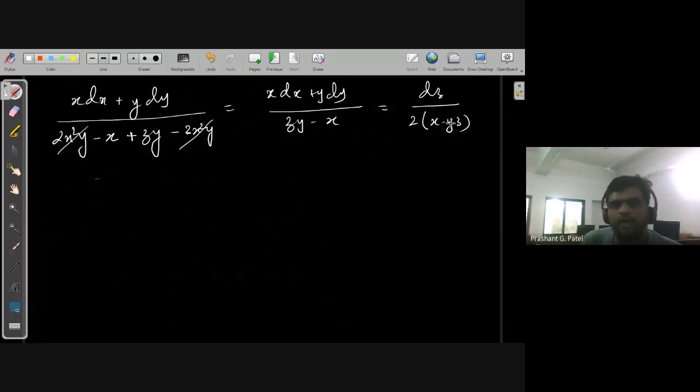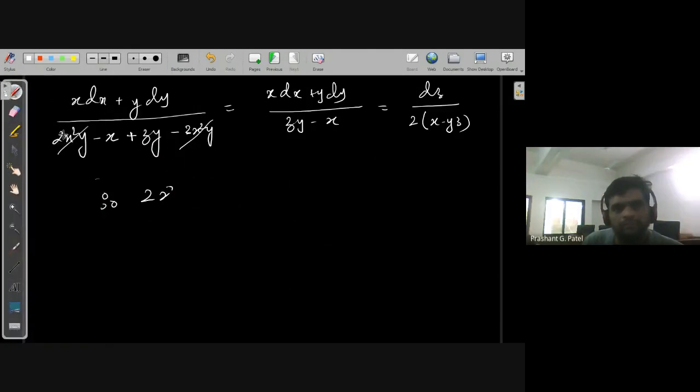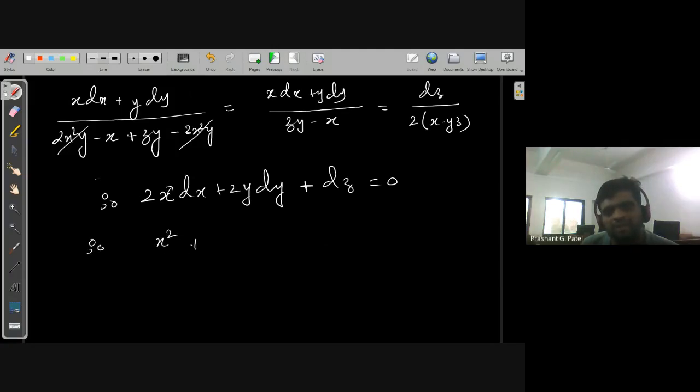This will get cancelled and you will have a minus sign here. So this will give me 2x dx plus 2y dy minus dz equal to 0, but that minus will become plus here. And if I take the integration, both sides will give me x square by 2, 2 will get cancelled, y square by 2 is also cancelled, and here you will have z plus z equal to some constant c2.